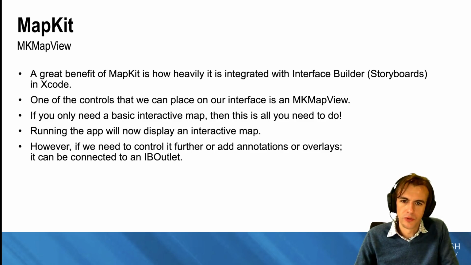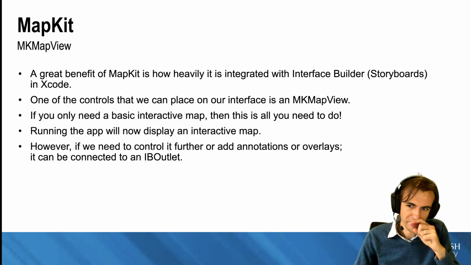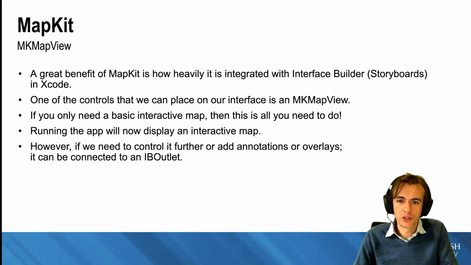You can pan and zoom out and go anywhere on the planet. That functionality is provided to you super easily. However, if you do need to control it further and do things to the map view through code, then you can just set up an IBOutlet, as we've done for other kinds of UI elements, and interact with it through code.